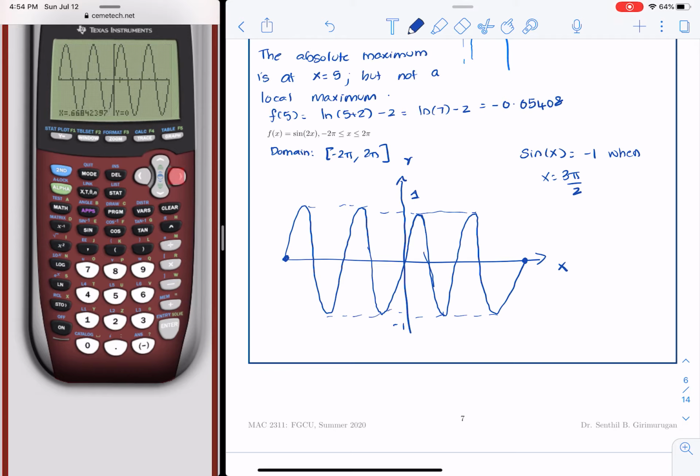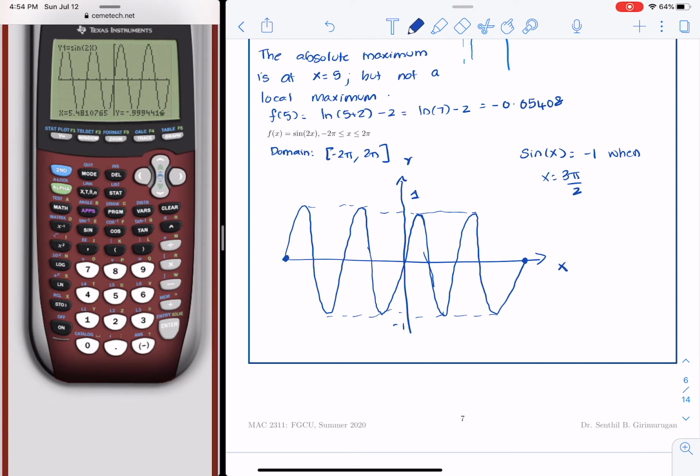We could actually trace this. So there is the first negative 1. It's getting closer to 2.27. And we have another point here, 5.481. So that's another possibility.